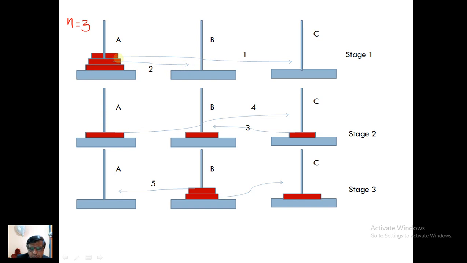When you move this disk over here and this disk over here, you can once again move the small disk so that it will occupy this particular position. In doing so, it will have involved 3 movements, that is, the top two have been recursively moved to this particular peg by making use of this other peg.